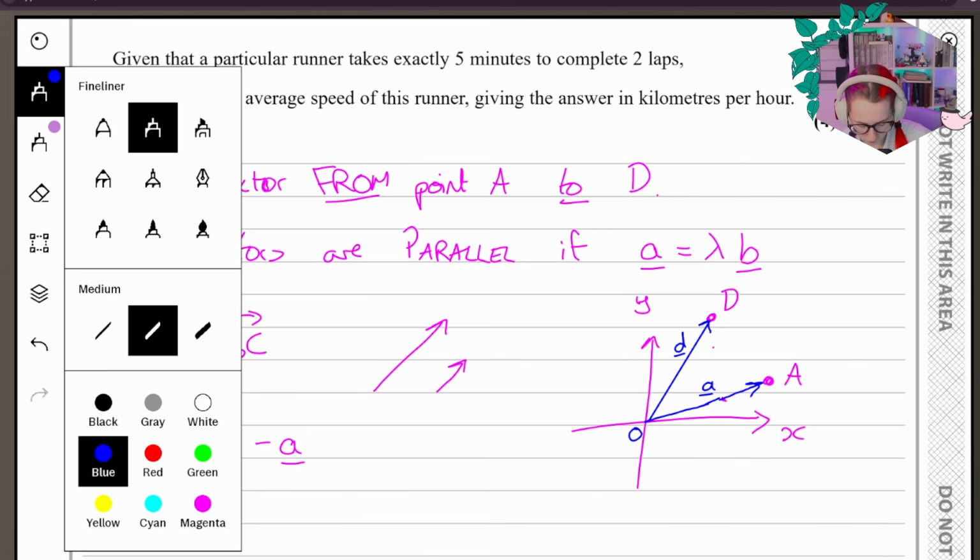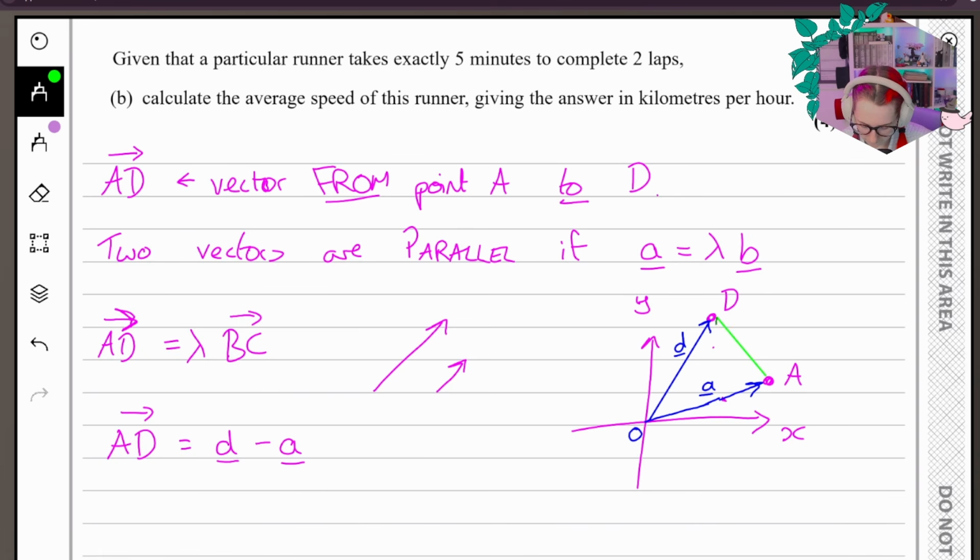Okay, so we're looking for this vector here, from A to D. So the cool thing about vectors, in my opinion, I think it's quite nice, is that depending on your start and your end point, you can go sort of any route, because the shortest path is always going to be the same. So no matter which path I take, if my start and my end are the same of my vector, it gets me to the same value.